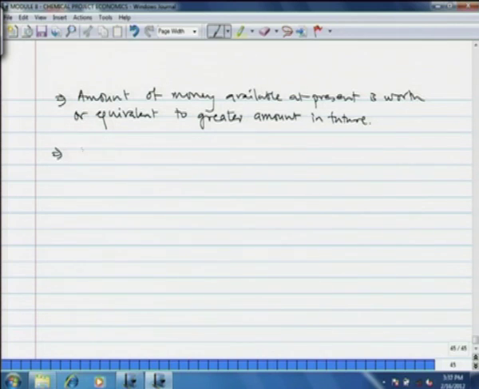Now, we have to consider the time value of money when we invest in a particular business.